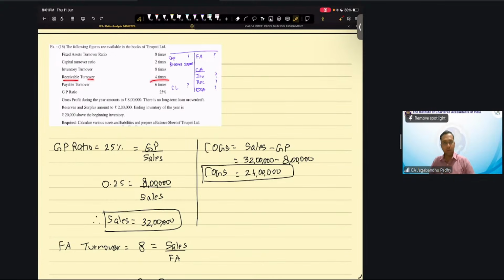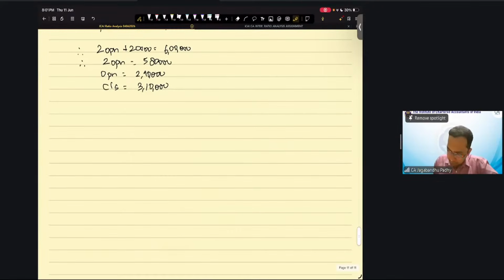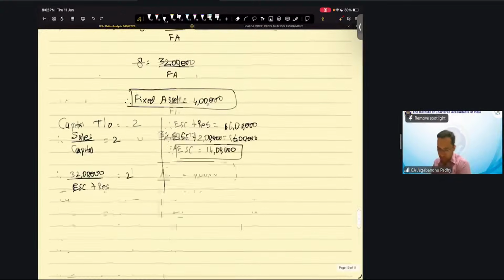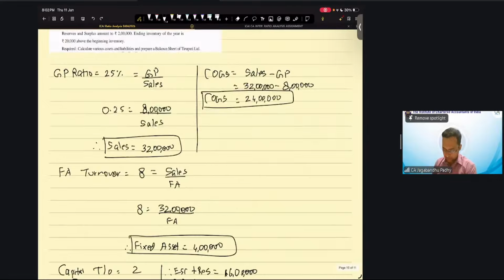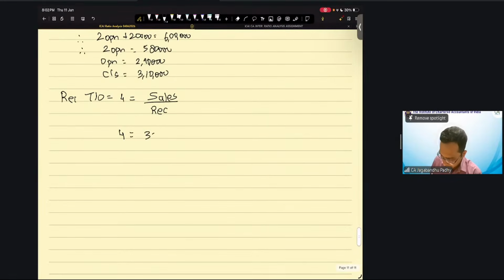Coming to receivables turnover. Receivables turnover is 4 times. So receivables are computed as what? Sales upon receivables. In the question, there is no information about credit sales, so we can definitely say that the entire sales is on credit. So 32 lakh will be the sales figure. So 32 lakh divided by receivables.